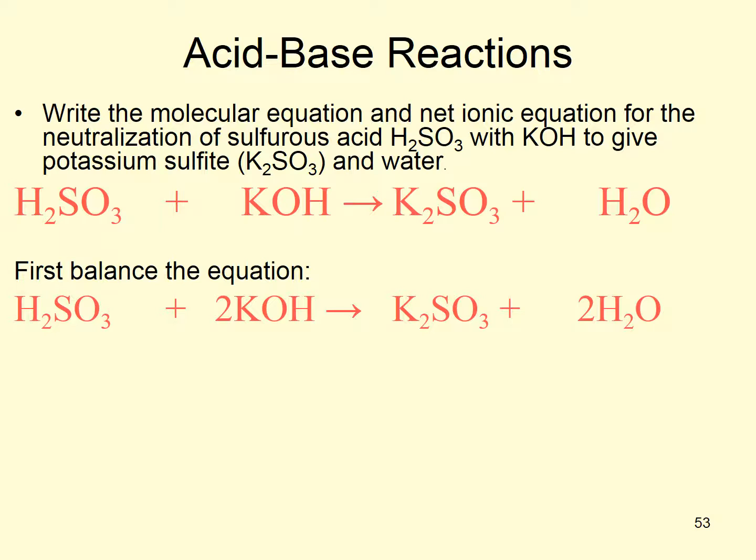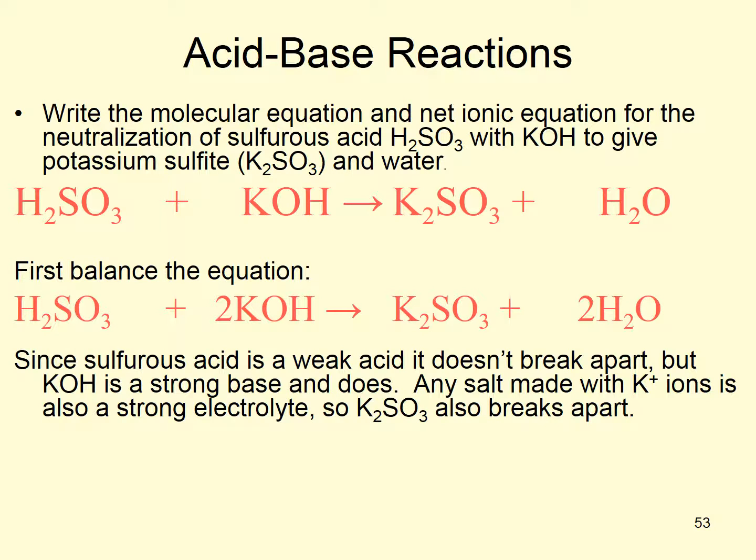The H2SO3 is not one of our strong acids, and so we keep that together as intact H2SO3. But we do know from previous examples that KOH is a strong base, and so it completely dissociates. Don't forget that the 2 has to distribute, so there's 2 Ks and 2 OHs.